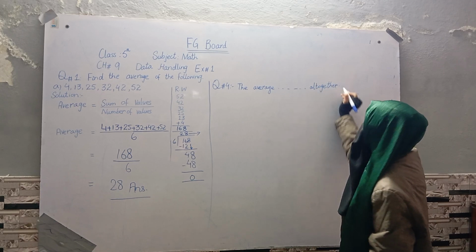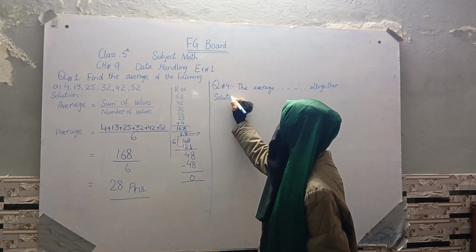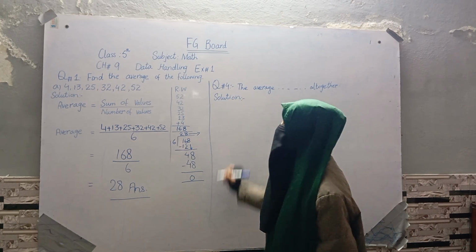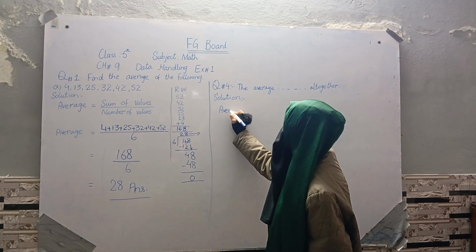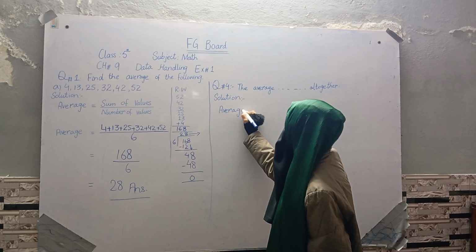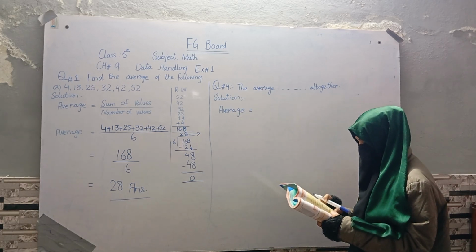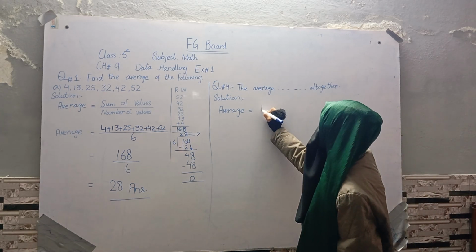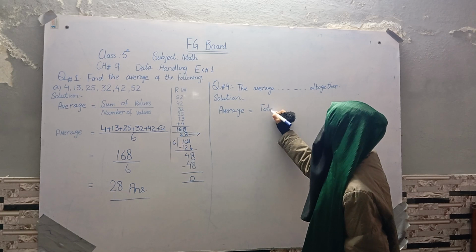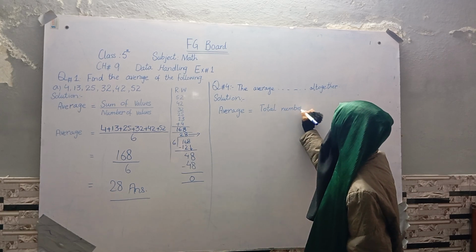As you can see, I put here the heading Solution, and I put here the formula. Average is equal to, in the question, 18 schools situated in a city. So I have total number of students. Are you understanding?